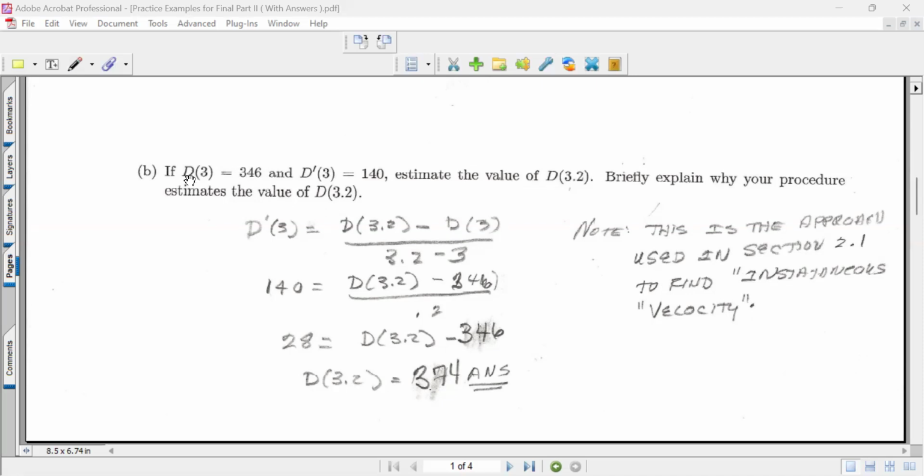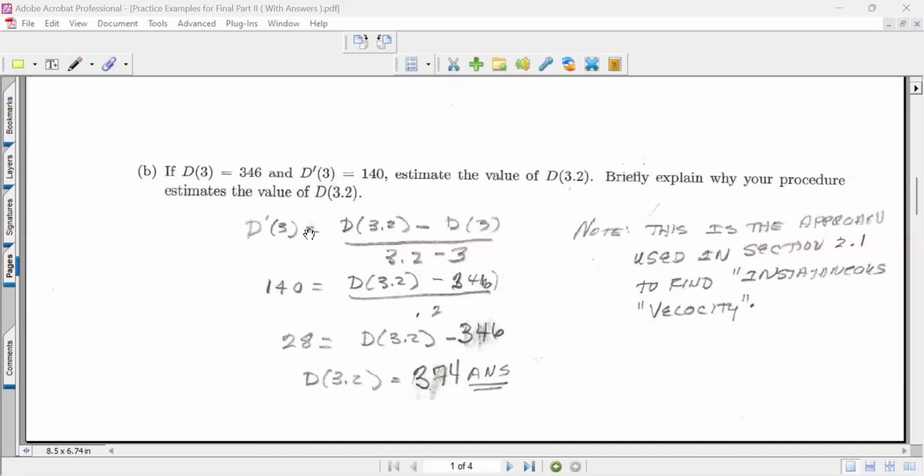And so what we're going to do is find the slope of the line connecting D of 3 with D of 3.2, using y2 minus y1 over x2 minus x1.